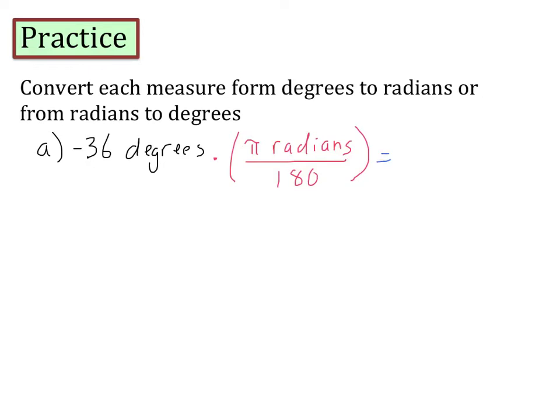Now we multiply these together. There's degrees here and there's degrees here, so those cancel out. And what we're left with is negative 36 pi radians over 180. When we simplify that fraction, we end up with a 1 on top, so we have negative 1 over 5 pi. And the unit of measure for this, these are radians.